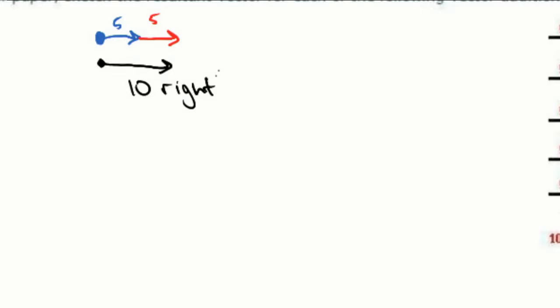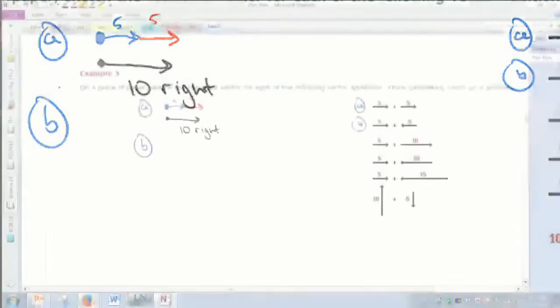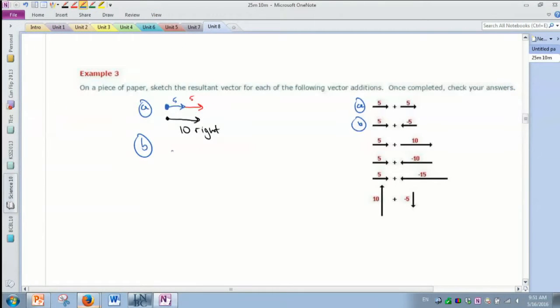So that's it there. That's all you're doing. All right, the next one, I could give these some letters. Letter B is starting here, looking at my first arrow, it's 5 to the right, and then I have 5 back to the left.